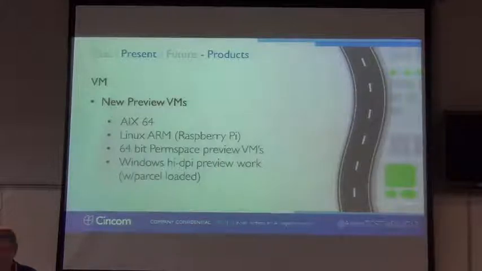We also have some new preview VMs: AIX64, and Linux ARM, which is specifically targeted for the Raspberry Pi, a very low-cost introduction to computing, which I think most people here are aware of. One of the things that was missing from our 64-bit VMs is perm space capability, like our 32-bit. And it was important to get that.